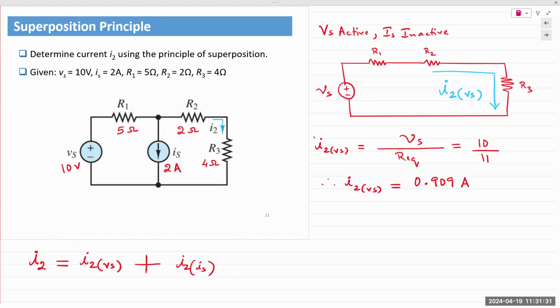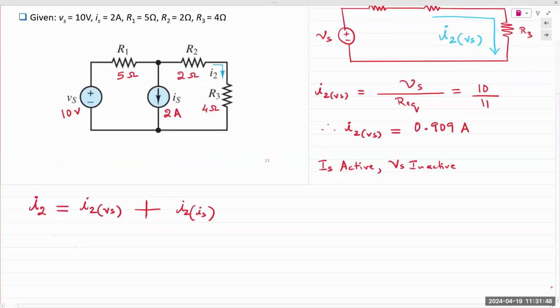So let's look at the second case where you have Is active and Vs inactive. And this time, again, whichever sources are inactive, you leave them out. You first draw the circuit diagram as it is without the sources.